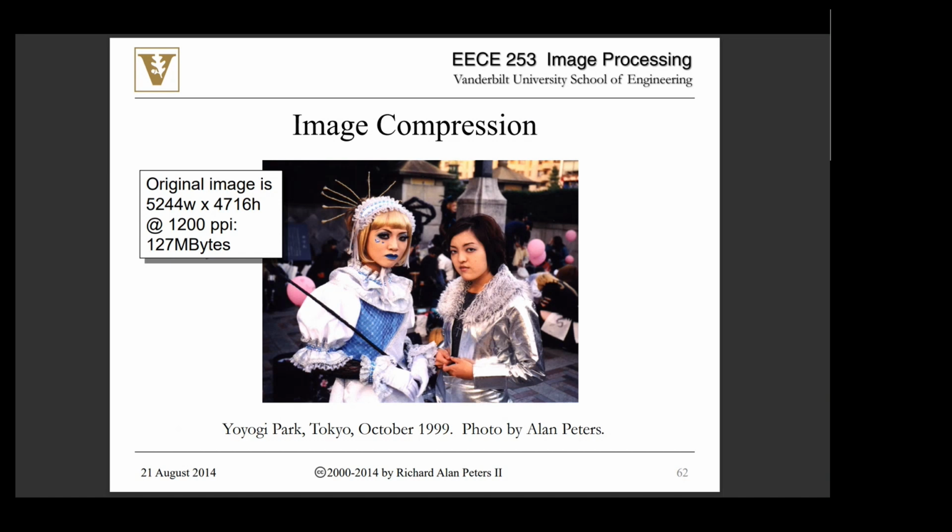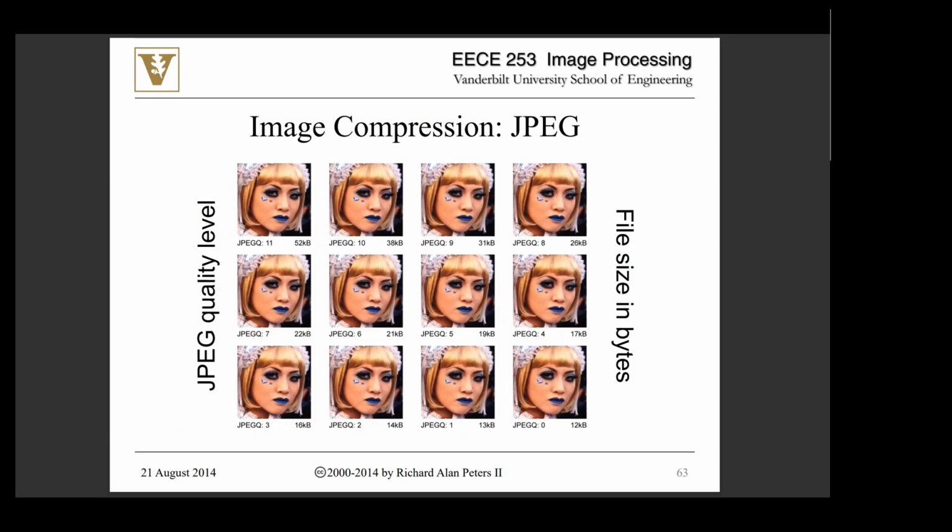So the full picture takes about 100 megabytes. But now we can reduce that 100 megabytes to as low as 12 kilobytes. So we are making a reduction by 4 orders of magnitude. This one has 10,000 fewer values, coefficients, than the original one. But still, we don't see the difference. So we will learn techniques to do this.